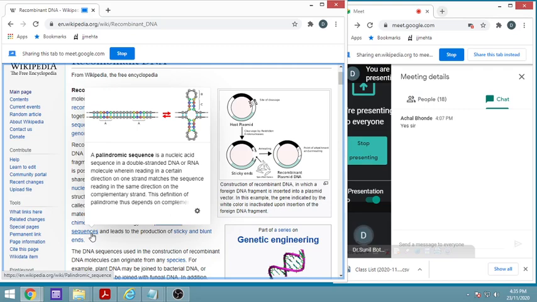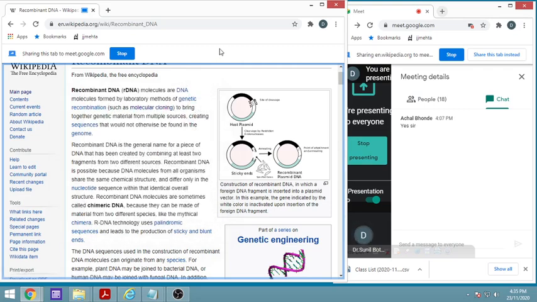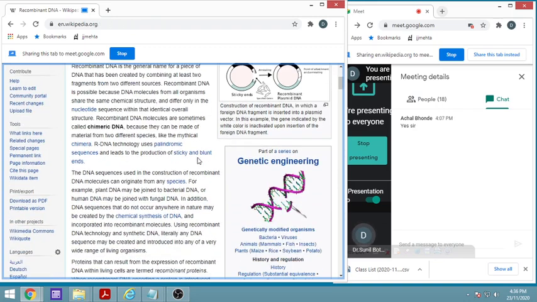If you remember, a word that reads the same from both directions is called a palindrome. So palindromic sequences lead to the production of sticky and blunt ends, and in that way various DNA sequences are made.